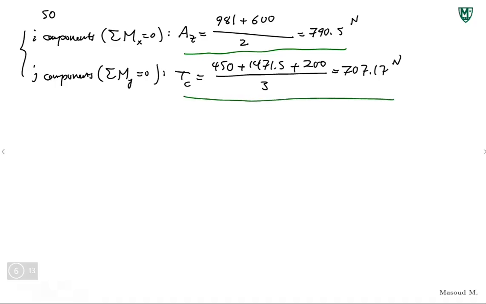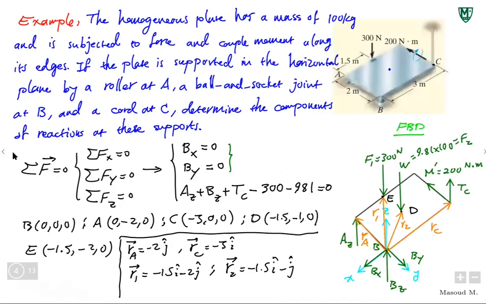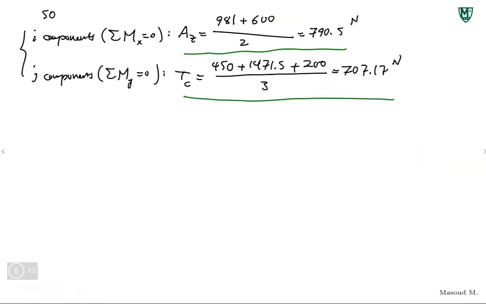All right, almost there. So we found all the way back. We found Bx, By. We found the relationship between Az, Bz, and Tc. I'll keep that here. Now, from the moment equation, we found Tc and Az. So since we have the relationship between Az, Tc, and Bz, we can actually find Bz from there.